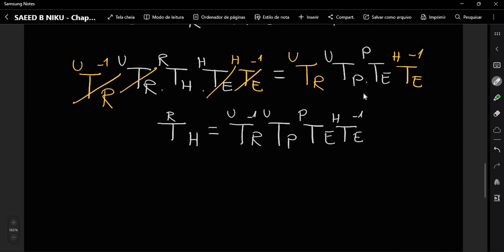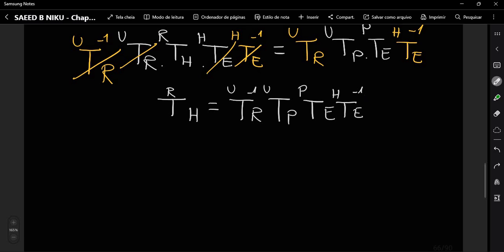And we have this property: the transformation of the reference frame R in relation to a universe reference, its inverse is equal to the transformation of the reference universe in relation to the reference frame R. And this property allows us to rewrite this equation without this -1 superscript.